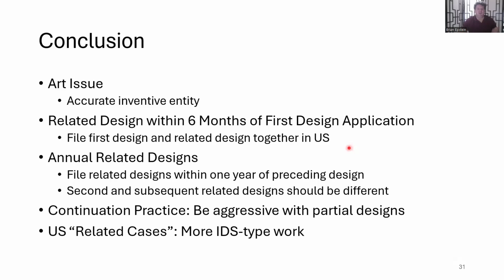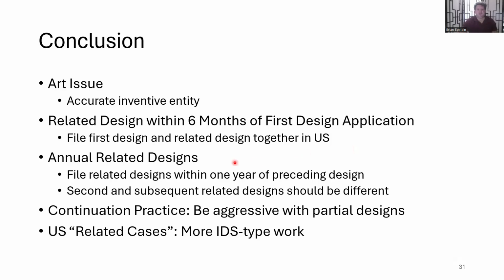In the special case of a related design within 6 months of the first design application, we want to file them together in the United States if possible. It's not going to be a good solution for every applicant, but that's your best and only opportunity to try to get a scope of protection similar to Japan.